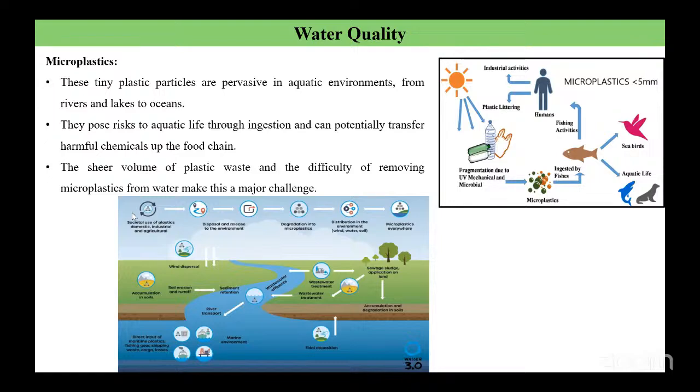Through wind dispersal, this water again comes back to the earth, going back into the soil, and through soil erosion and accumulation, these microplastics get accumulated in the soil.